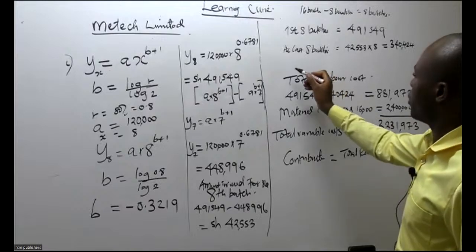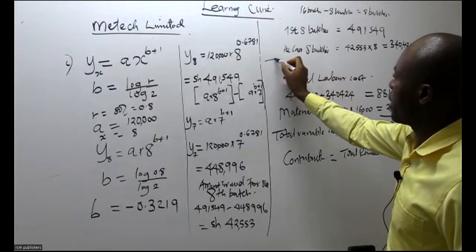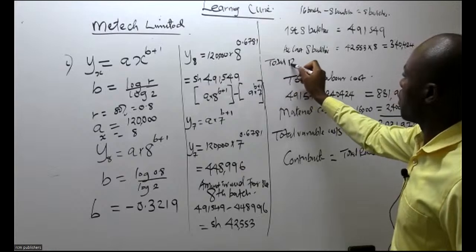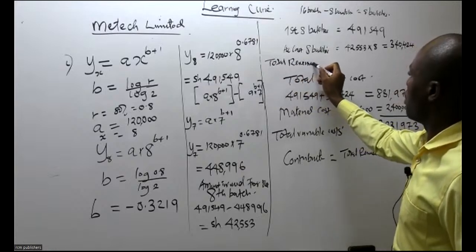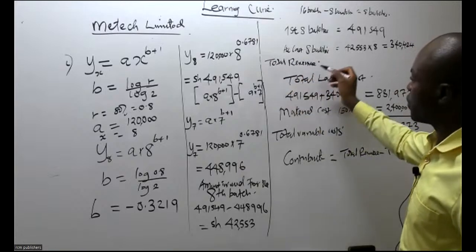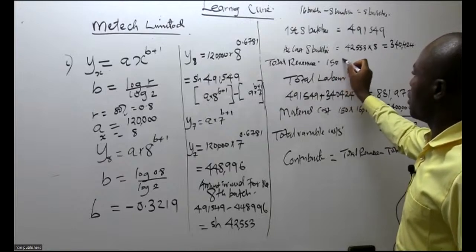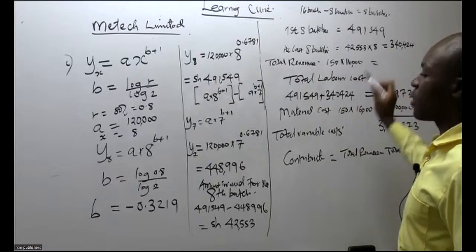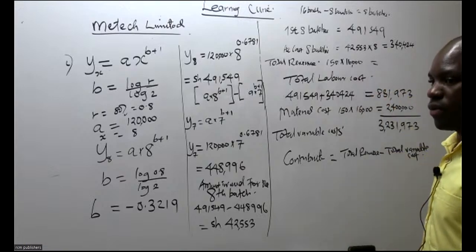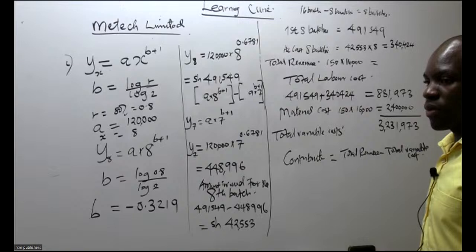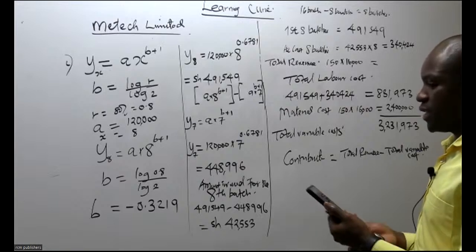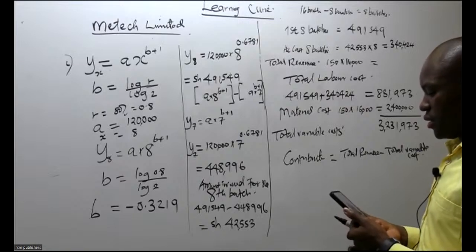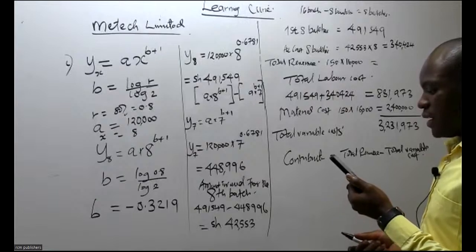Do we have total revenue? We can get total revenue somewhere here. Our total revenue is equivalent to selling price per unit multiplied by the units that were sold, which is 16,000. Sorry, not even 150. Is it really 150?